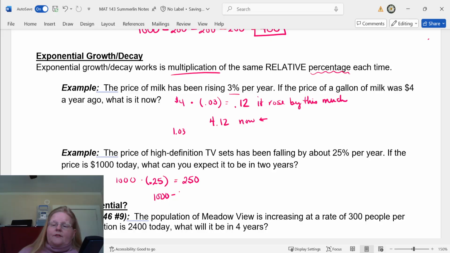So that's 1,000 minus the 250, which gives you 750. That's what it is after 1 year.